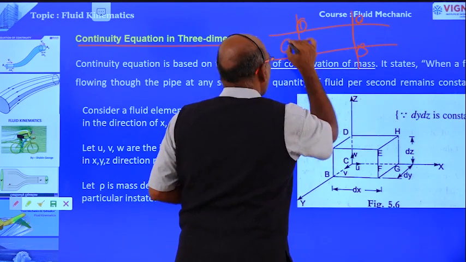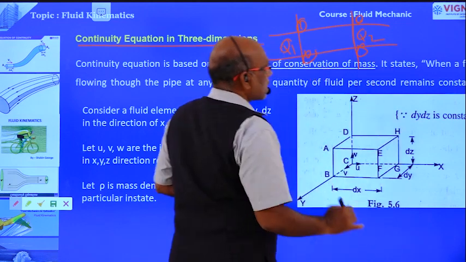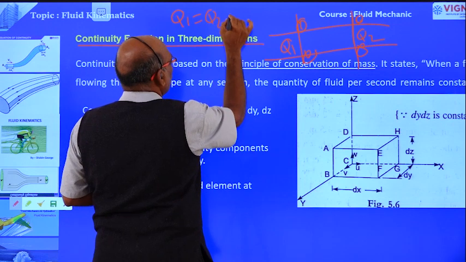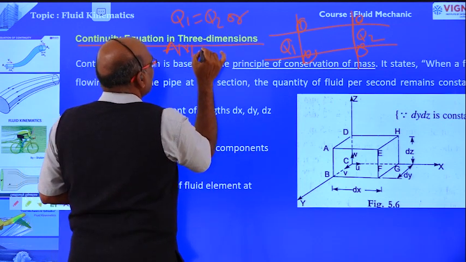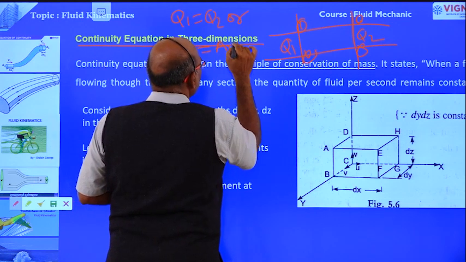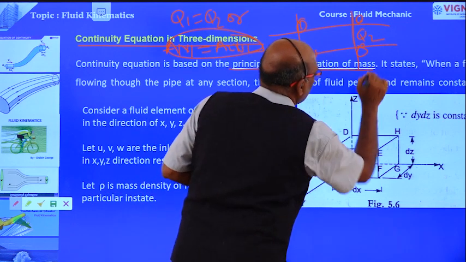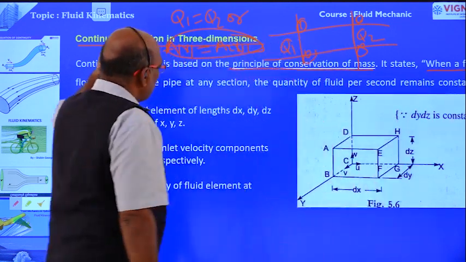The rate of flow at section 1-1 must be equal to the rate of flow at section 2-2. That means Q1 is equal to Q2, or Q1, which is area into velocity, is equal to area into velocity. This is nothing but the principle of conservation of mass, right? This is about the principle of conservation of mass.